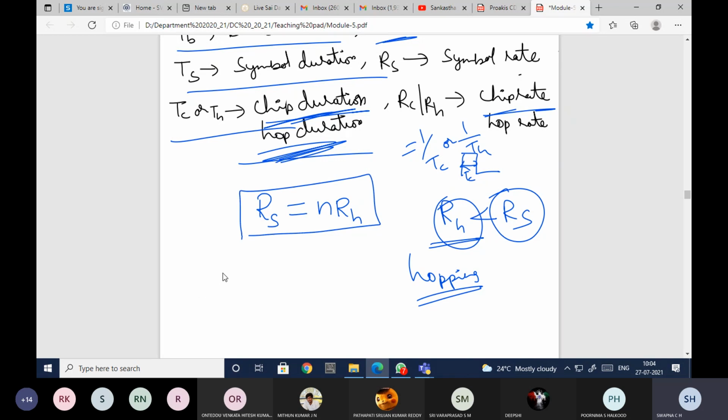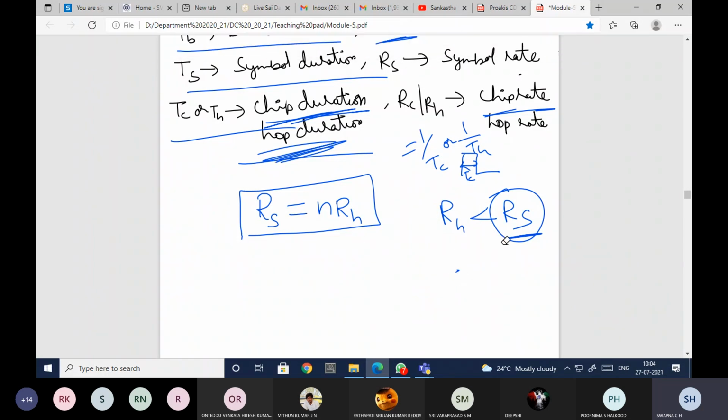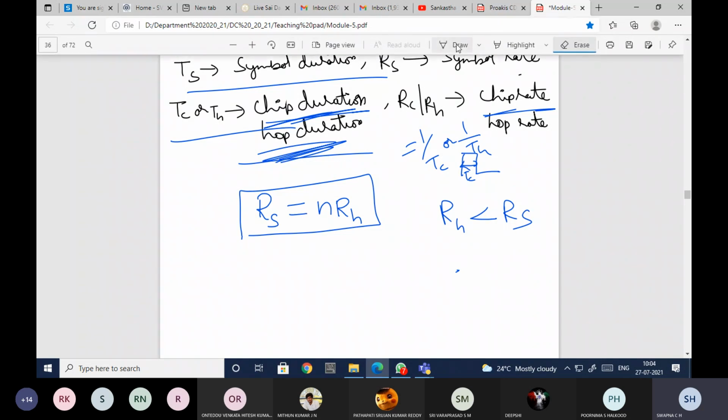I have represented the same thing in the form of an equation here. In the slow FHSS, the symbol rate is greater than the hop rate. Let me write the same thing in a different way so that you understand what it is exactly. I will just cross multiply.